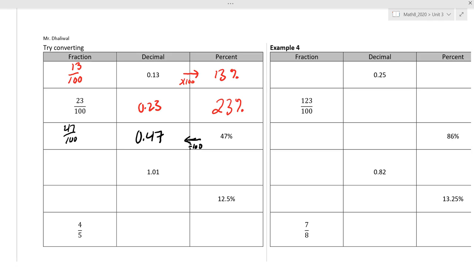Next one. We have 1.01. What's easier for you to do first, as a percentage or as a fraction?